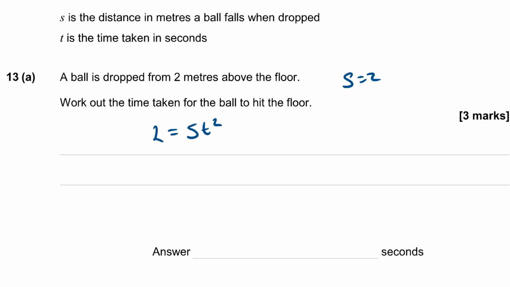So we're going to have to rearrange this to find t. First we can divide by the 5, which gives us 2/5 is equal to t squared. To find t, we need to square root both sides, so t equals the square root of 2/5.